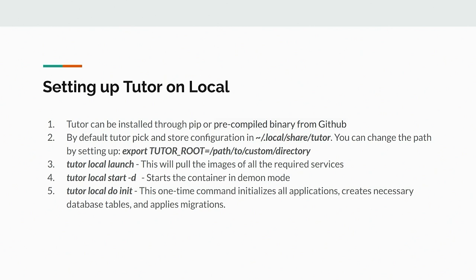It will pull all images of the available services. Then you'll run tutor local start in the background, and it will start all the containers. But when you are doing it for the first time, you'll have to run an initial command, which is init. It initializes all applications, creates the necessary database tables, and applies all the migrations.